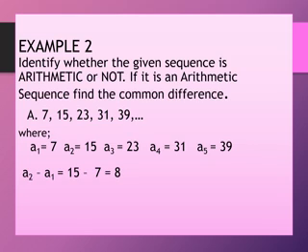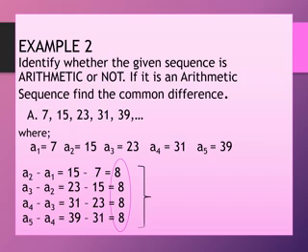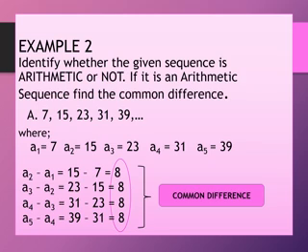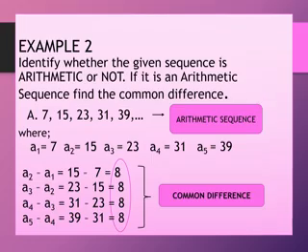So subtract a sub 1 from a sub 2: 15 minus 7 equals 8. Then a sub 3 minus a sub 2, a sub 4 minus a sub 3, and a sub 5 minus a sub 4. They have the same differences, and this difference is the common difference of the sequence. So 7, 15, 23, 31, and 39 is an example of an arithmetic sequence.